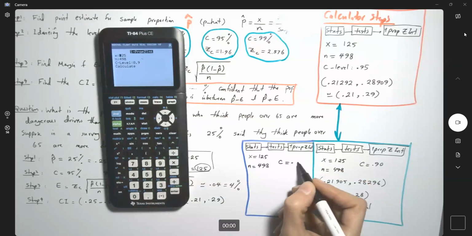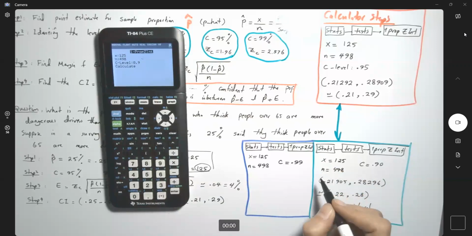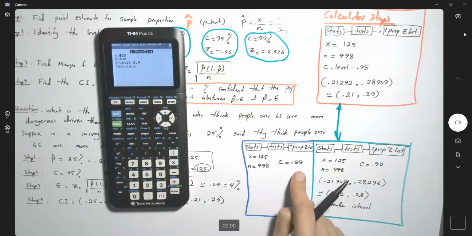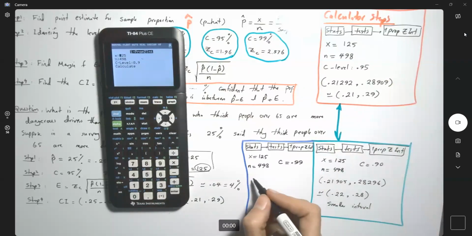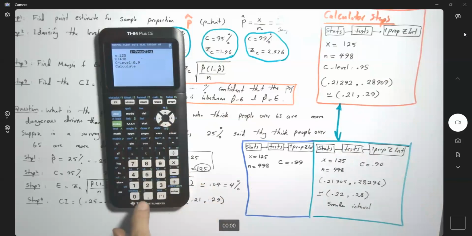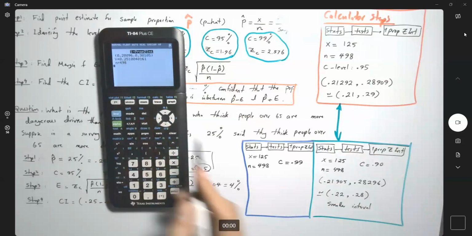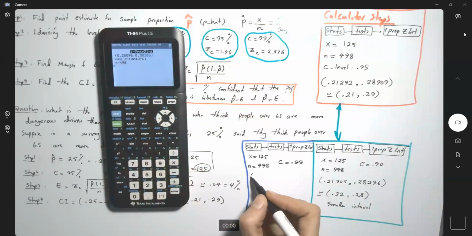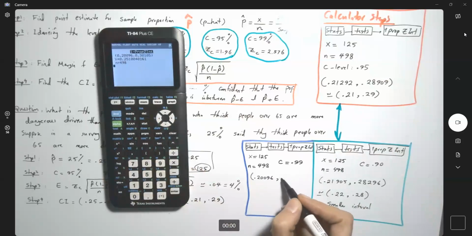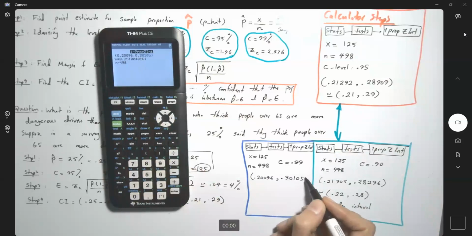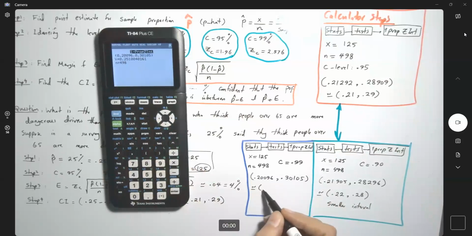I'm changing my confidence level. Now I have a 99%, which is higher than 95%, which is higher than 90%. What is my confidence interval now? Very good. Take a look at this. Now my confidence interval is 0.296, comma 0.30105, which is approximately 0.20 and 0.30.